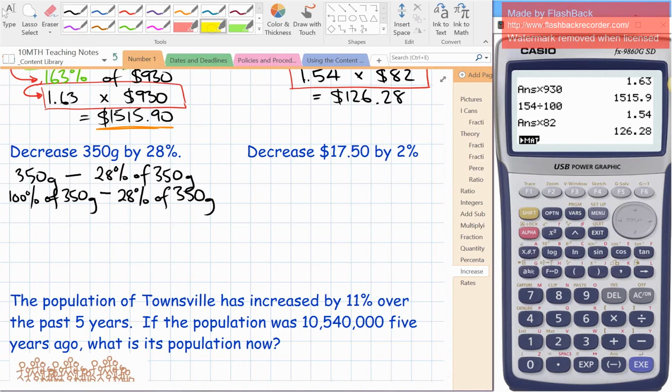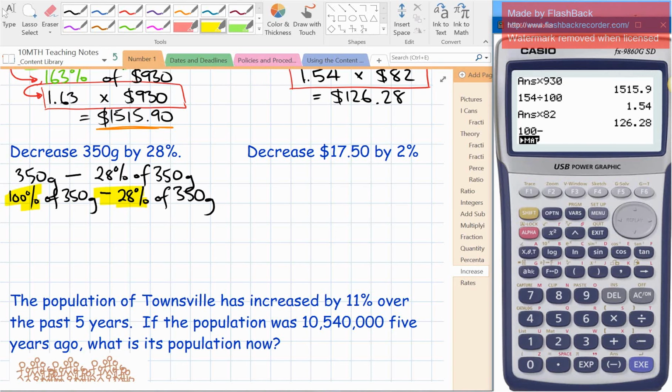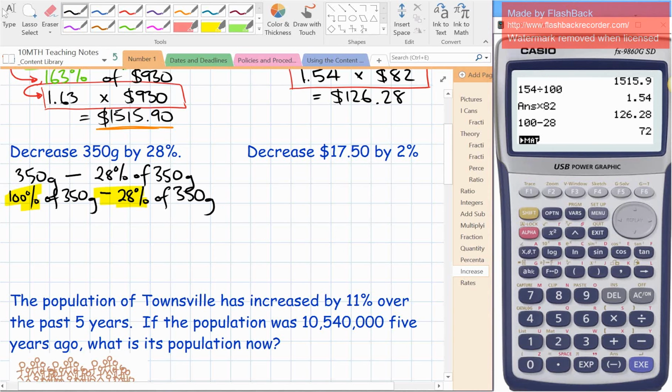Now what I see here is I've got 100% minus 28%. Okay, so we're doing a subtraction of 28% from the original quantity. So on my calculator, I'll just do that. So 100 minus 28 is 72. So effectively what I'm finding is 72% of 350 grams.